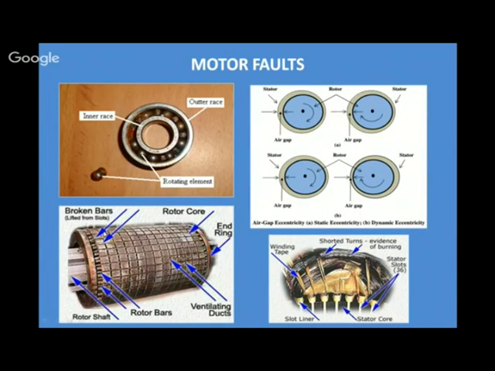So we can have a bar breakage here, or the ventilating ducts can be broken, or we can have a crack in the end ring. These are different types of stator faults like short turns or winding faults.